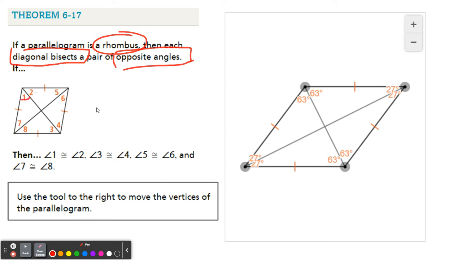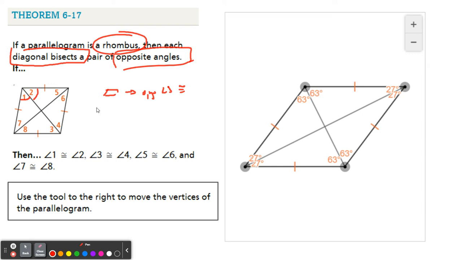So each diagonal bisects a pair. Angle 1 and angle 2 will be congruent, and then angle 3 and angle 4. Now we have to understand also that because it is a parallelogram, the opposite angles are congruent. So angle 1 and 2, the sum of them, is going to equal the sum of 3 and 4.